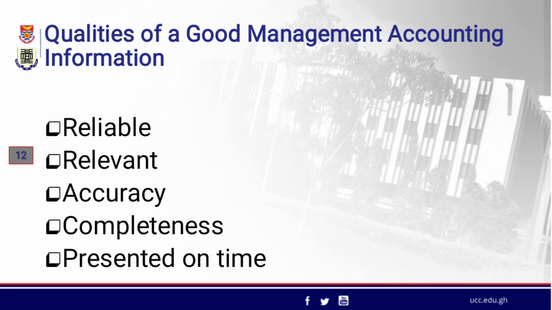And we also have relevance. Relevance means that the information should have predictive and confirmatory value, or both. Then accuracy, we are talking about the information should practically avoid mistakes.